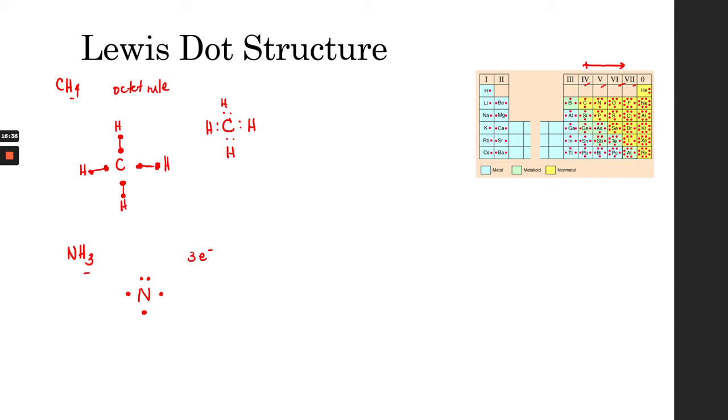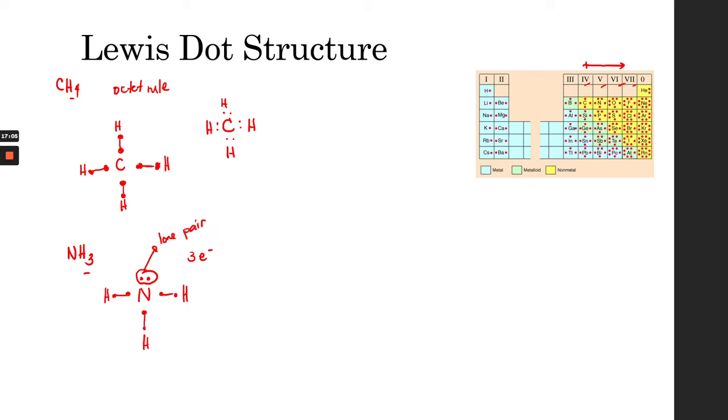So since I have 3 H, I can place an H here, another H there, and there. And then I'm just going to connect these, creating covalent bonds. What happens now, this situation right there, is called a lone pair. And this lone pair is actually stable on its own.